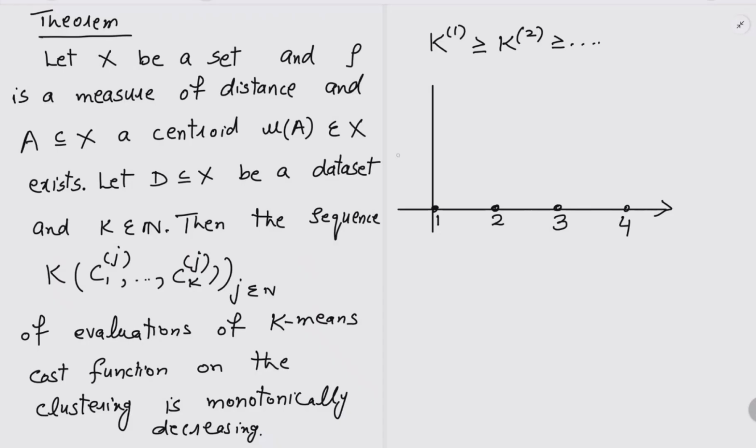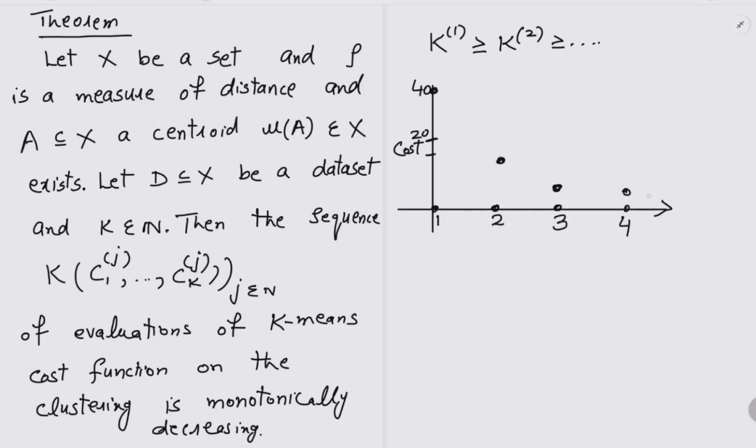And suppose the cost of clustering at iteration 1 is 40, then the cost at iteration 2 is, for example, 20 or somewhere less than that, then at iteration number 3 the cost of clustering is this value.